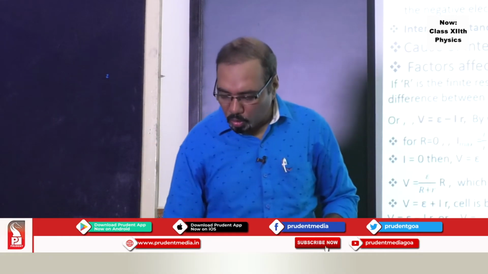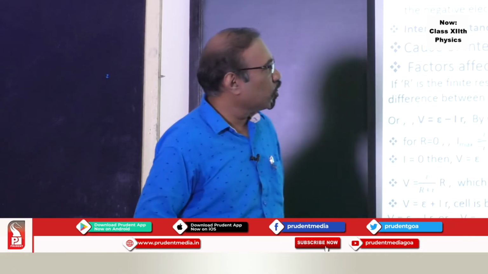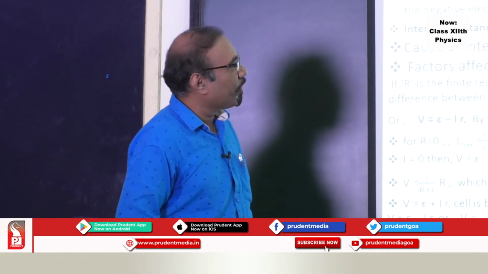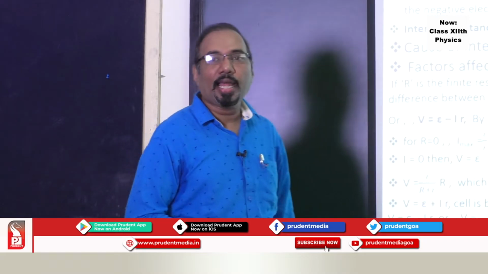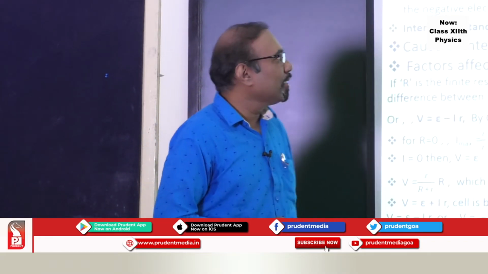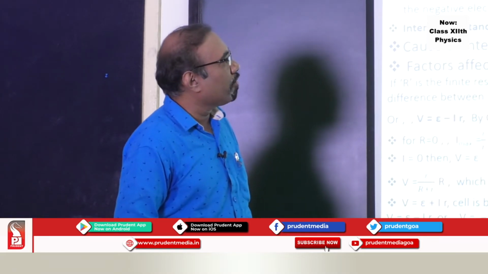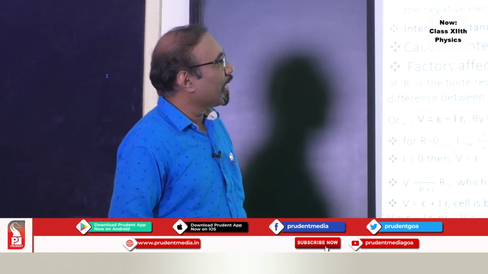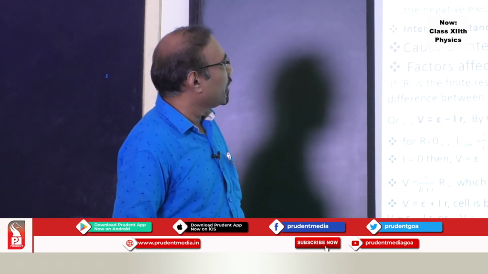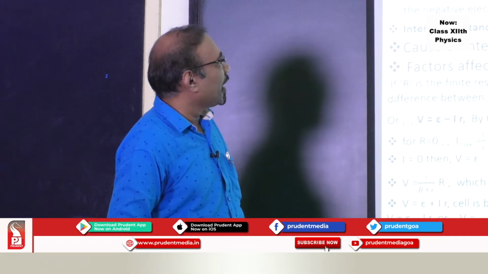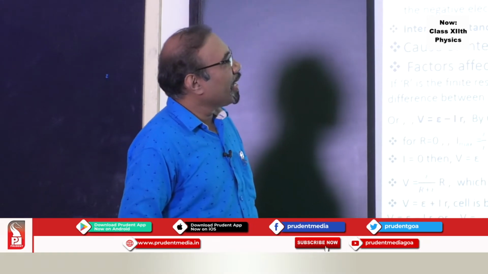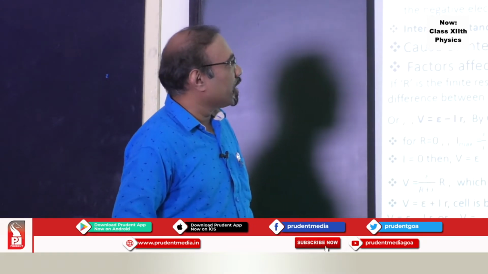So if you want to understand the cell, a cell basically consists of an electrolyte. Electrolyte is a solution which can conduct. There are two electrodes, positive and negative. For the positive electrode, we say that its potential is V plus. The potential of the negative electrode is V minus.